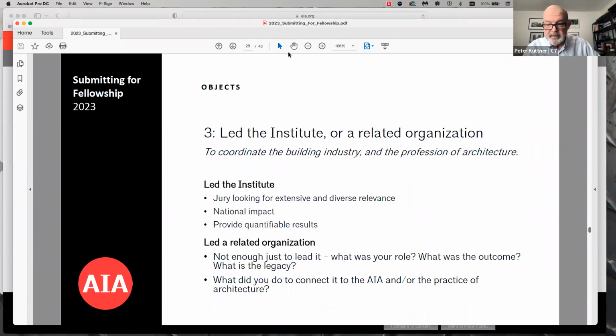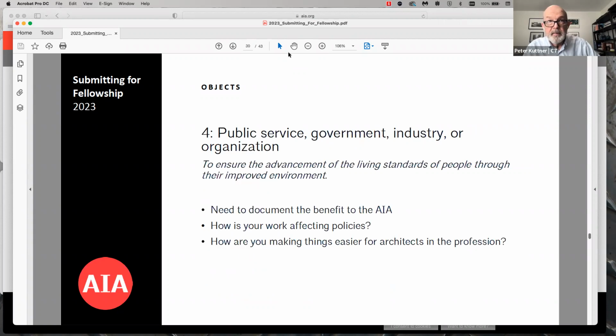And now a ripple effect. In some ways, it's easier to show a ripple effect if you're in a national organization. Then the 4th one is public service, government, industry, or organization. And this would overlap with those affiliated organizations in category 3, but these are not necessarily as close to being a professional trade organization or something like NCARB or AIA or NAB or ACSA.